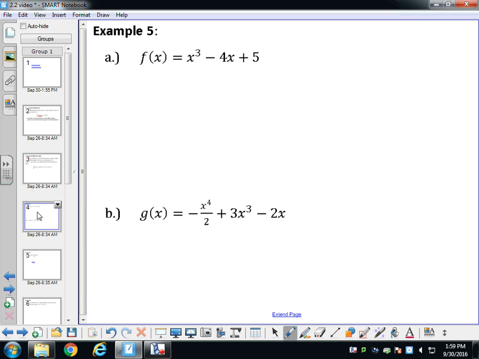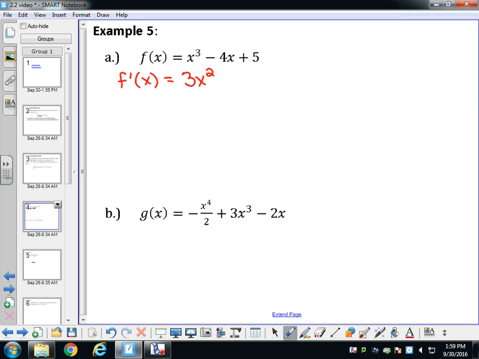Example 5, I want to take a look at the derivative of f of x. First I'm just going to look at x cubed and use my power rule. So bring my 3 down front, x squared, and then decrease my power by 1. Same thing for the minus 4x.